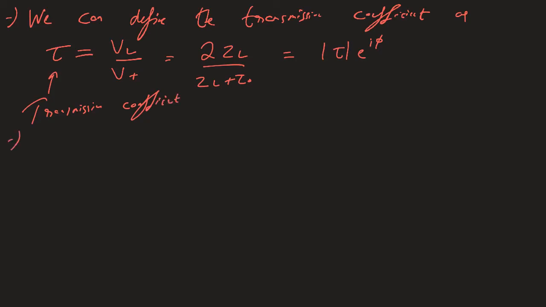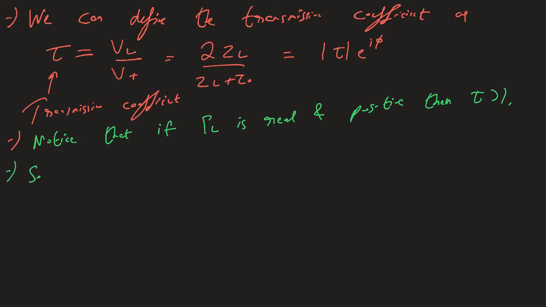The reason that I highlight this is because notice that if gamma L is real and positive, which it very well can be in a lot of cases, then tau can actually be greater than 1.